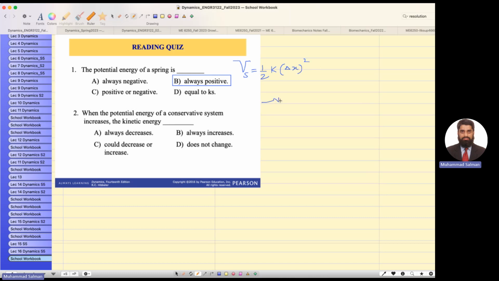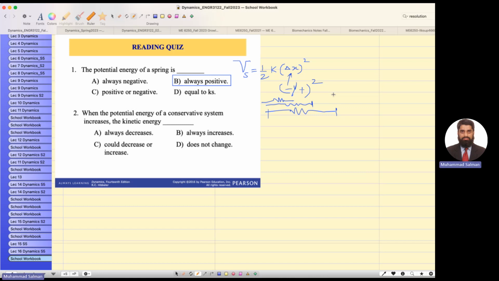Even if the spring is compressed or stretched from the normal position, you get a negative or positive number. What is the square? The square of a negative number is positive. The energy stored in the spring during the compression or stretch state is always the same.